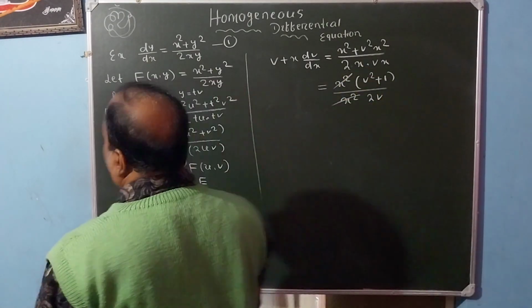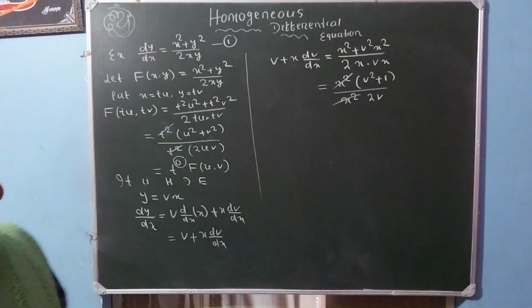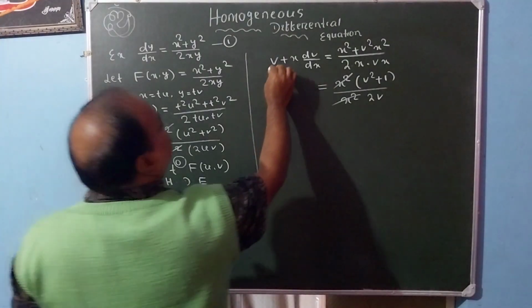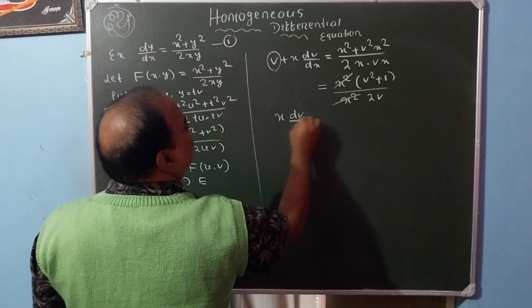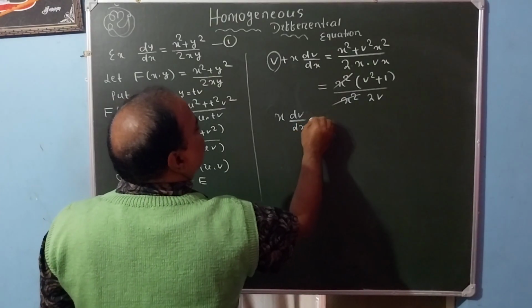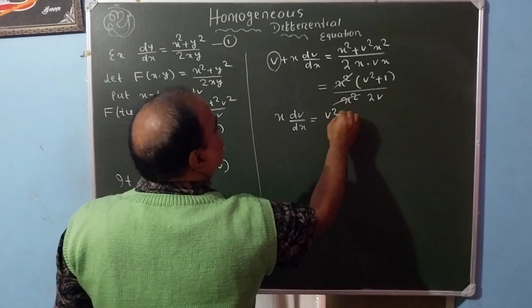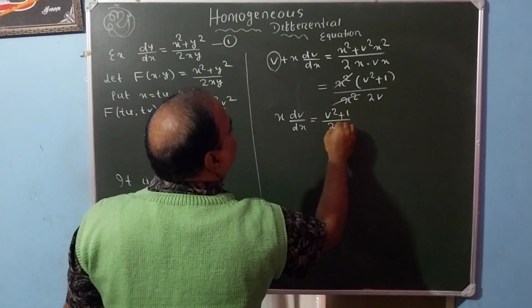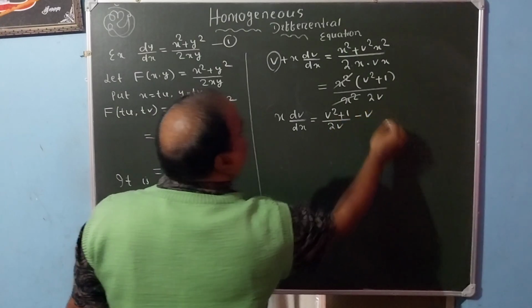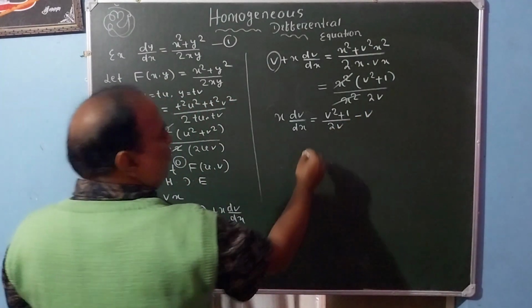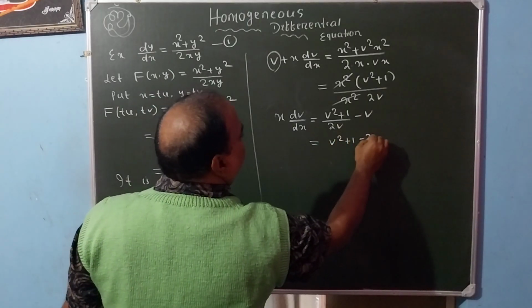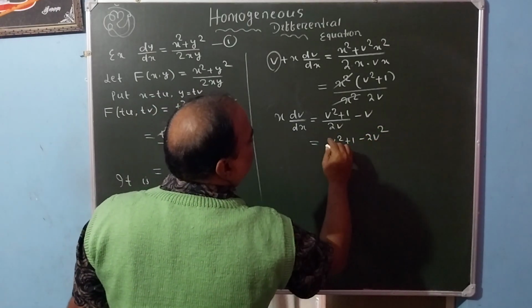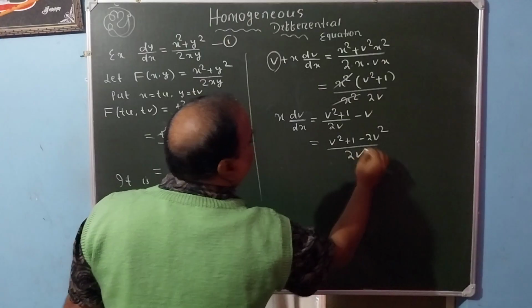x square cancels. x square always cancels. This v will go to that side. x dv/dx is equal to (v square plus 1) divided by 2v minus v. So we get (v square plus 1 minus 2v square) by 2v.